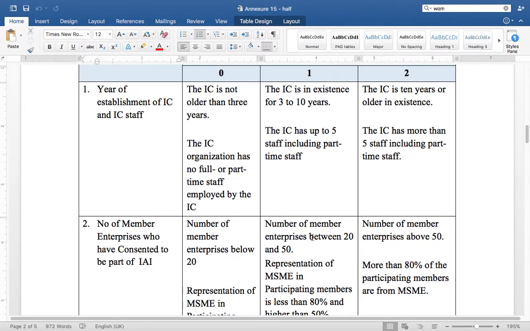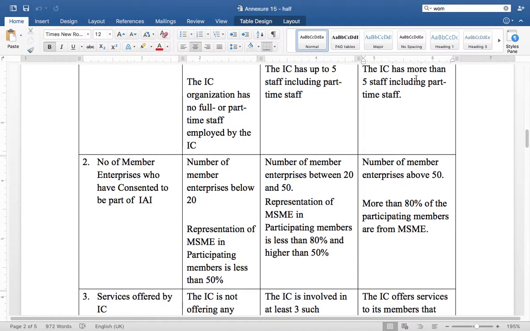If the number of support letters is between 20 to 50, in that case 1 mark should be provided by the SCEC members. In case the number of member enterprises who have provided support letters to the applicant IC is more than 50, in that case the total marking should be 2. So it's very self-explanatory in a manner.